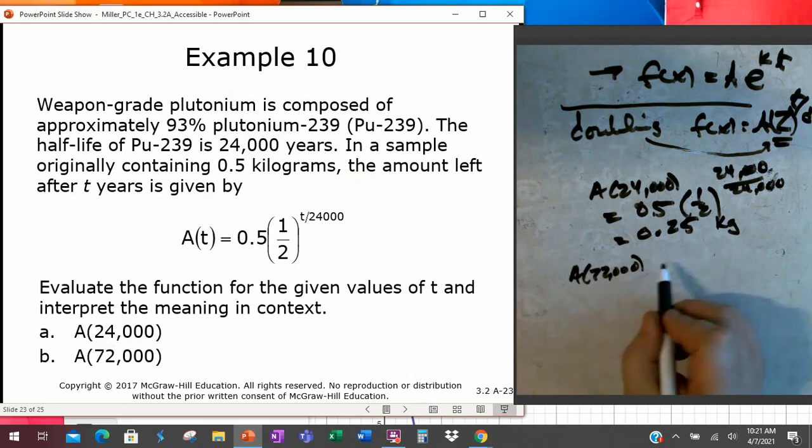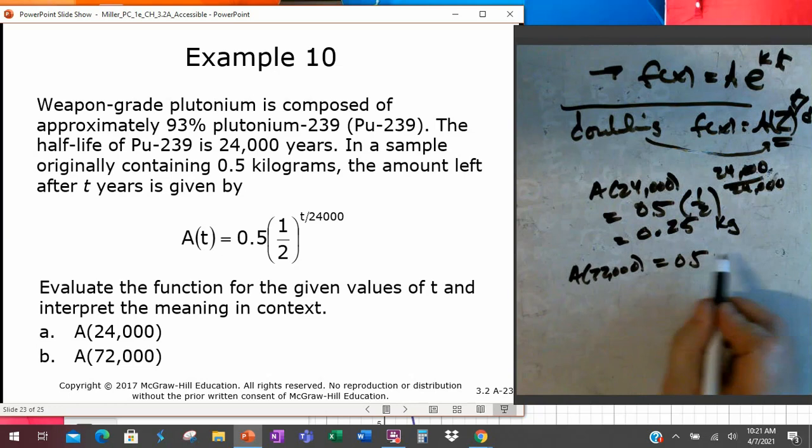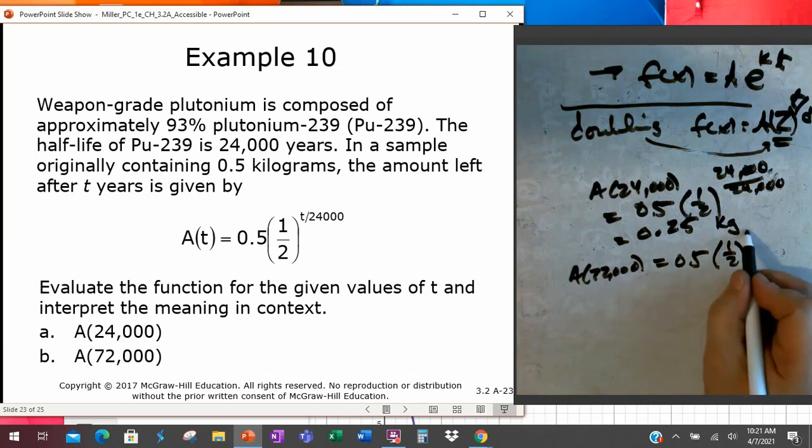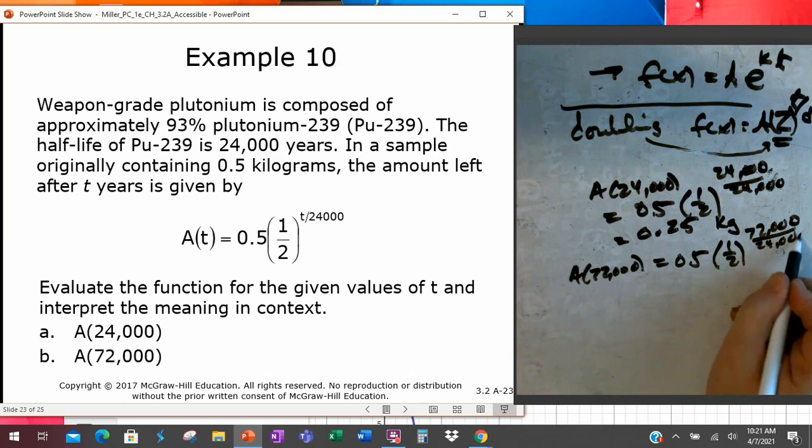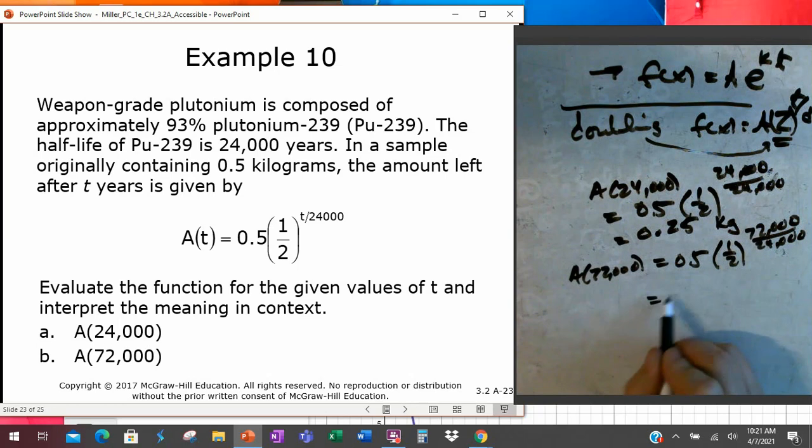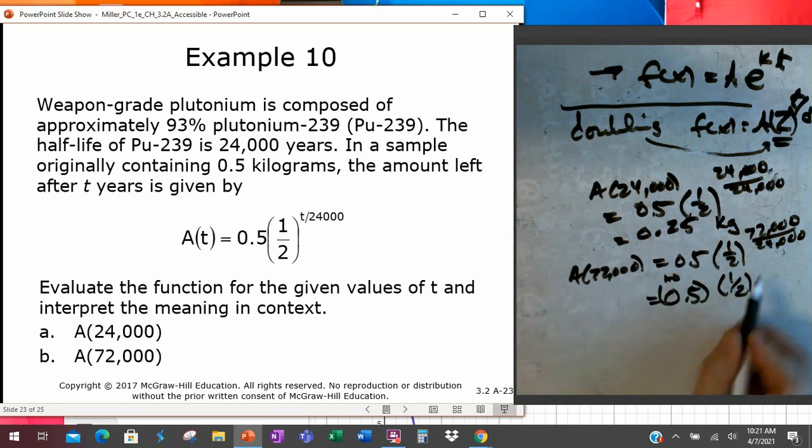A of 72,000, the very same thing, 1/2 to the 72,000 divided by 24,000, and now this is 3. I started out with my A0 of 0.5, but I've gone through 3 half-lives. 3 times I've reduced this, and I just hit the third one.